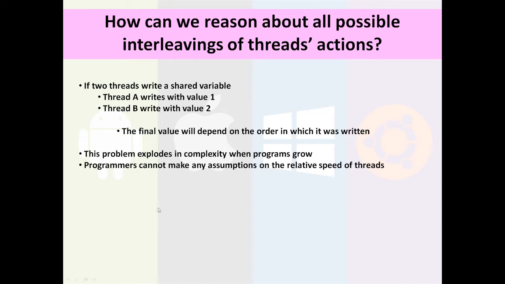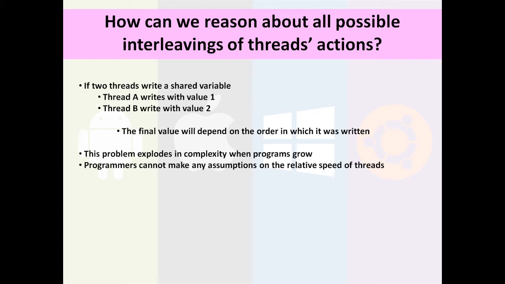Like an example I alluded to already: if two threads write to a shared variable, thread A writes value 1 and thread B writes value 2, the final value will depend on which order these threads were processed. For example, if it's processed A then B, the value will be 2. If it's processed B then A, then the value will be 1. So this is a big problem.